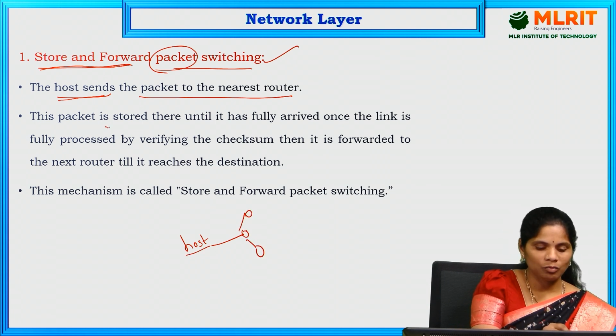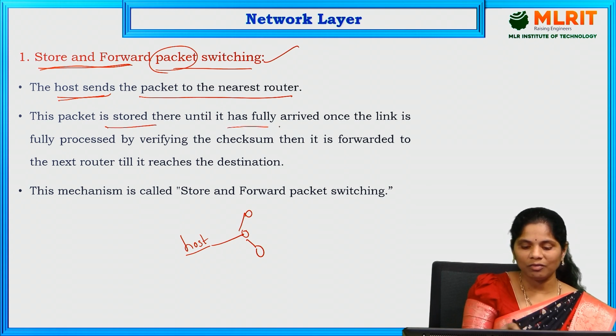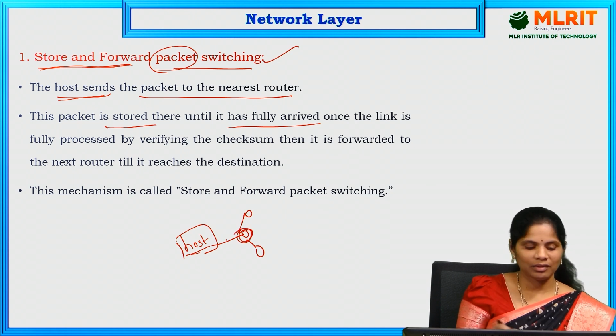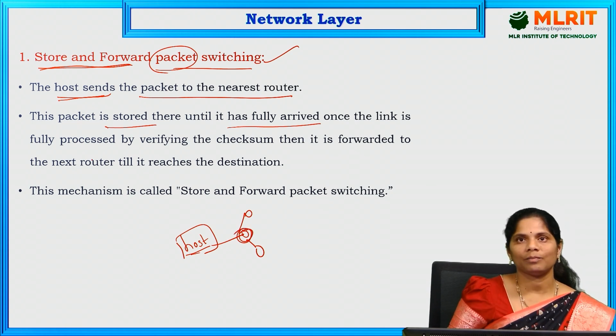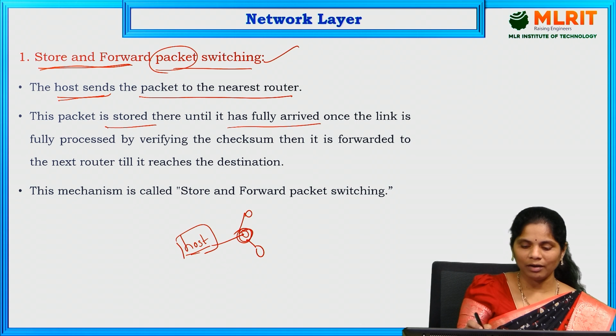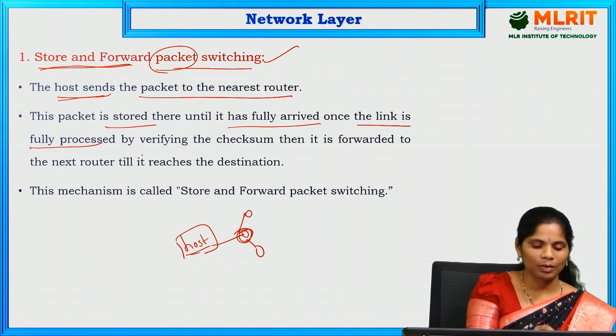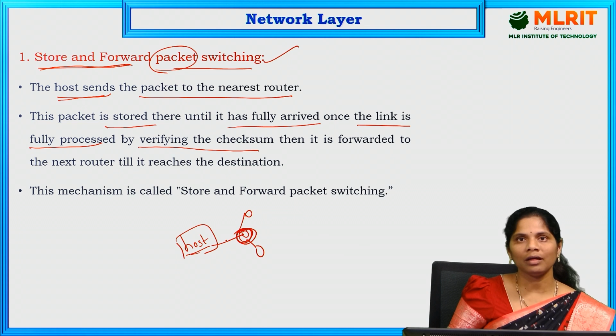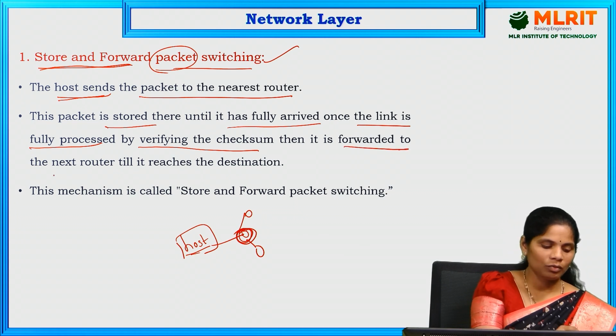This packet is stored until it has fully arrived. If this host sends the data to this particular router, it will wait until receiving all the packets. After receiving all the packets, it verifies the checksum to check whether all the data was received, and only then is it forwarded to the next router.